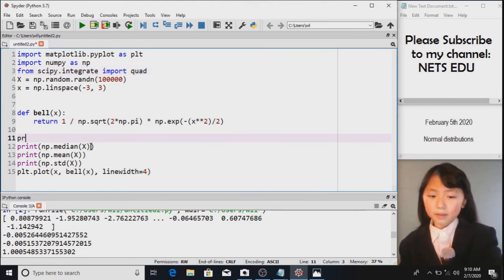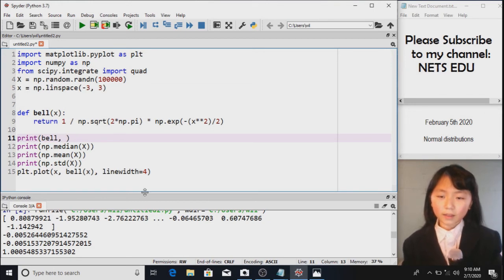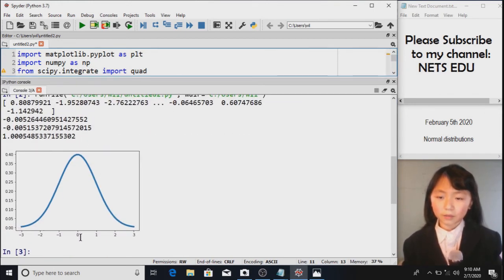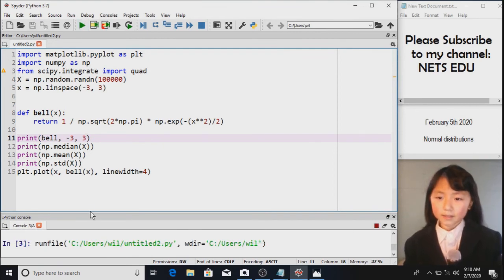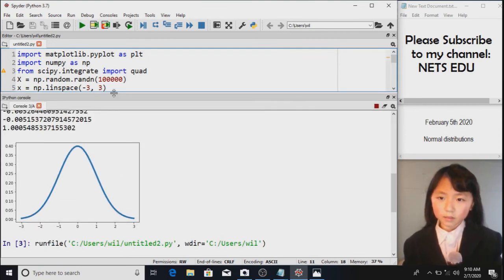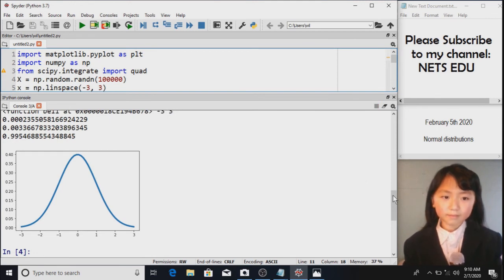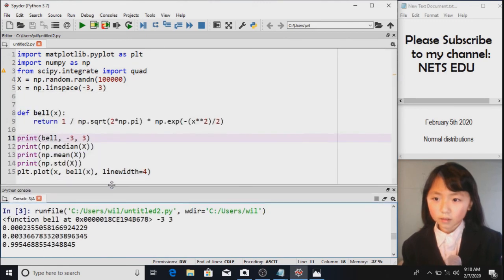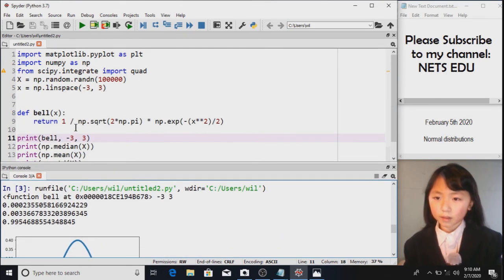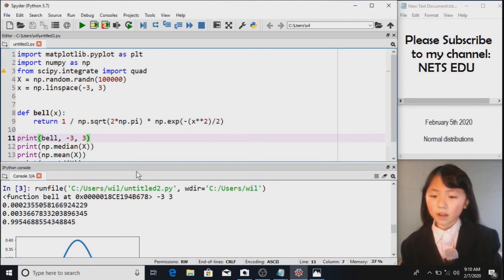Now let me print the integral of that function. And I want to find the area starting at -3 and ending at 3. Now I'll run this. Oops, I forgot to pass in the function to quad.